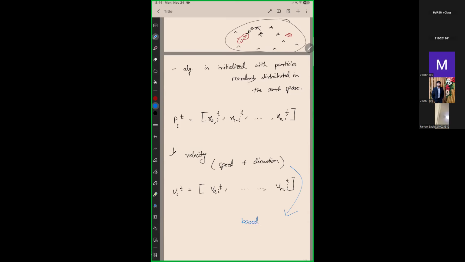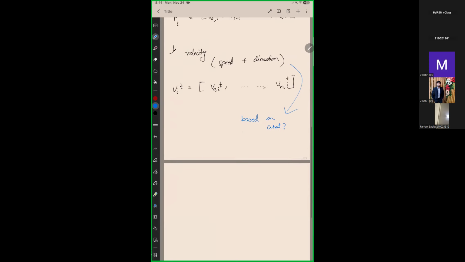Now the question was: based on what will they change their direction or speed? To create the algorithm, I have to define that properly, how the birds will change their velocity or direction. There are two things.